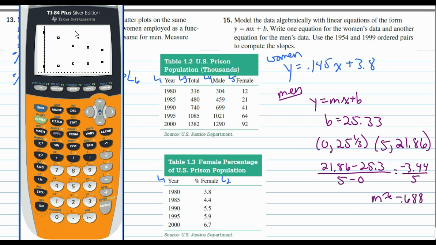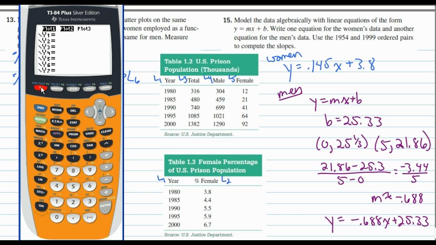When I go back to the graph, the men's data was declining. That should have a negative slope. So I think y equals negative 0.688x plus 25.33 should be a linear representation of the graph I see using the men's data.